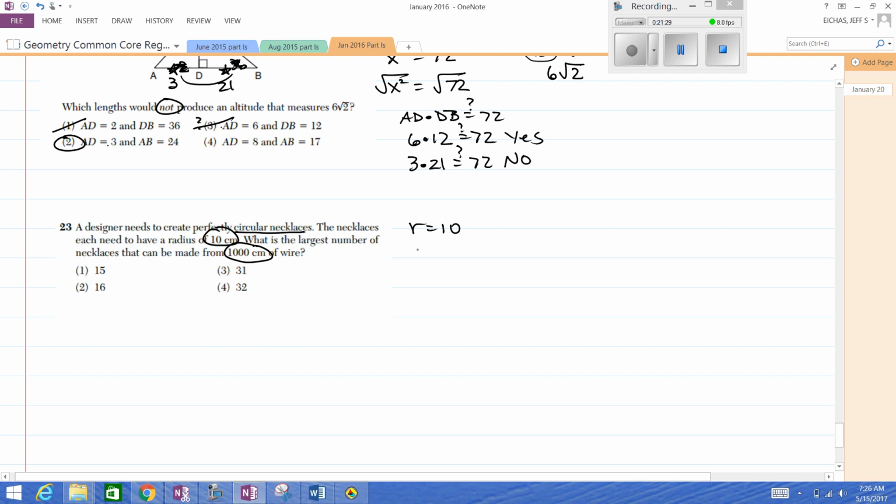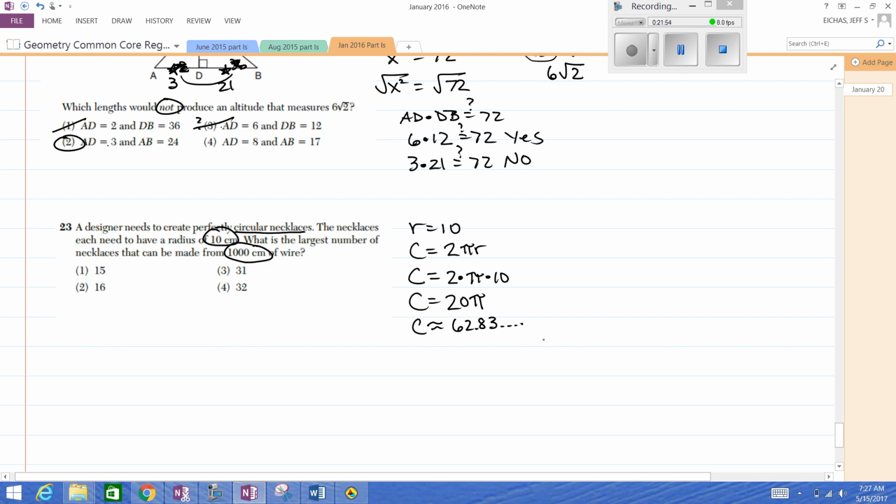So the circumference of a circle is 2 pi r or pi d, whichever one you want to teach. And so that's 20 pi. That's got to be, let's see, 62.83. All right, keep that in your calculator.